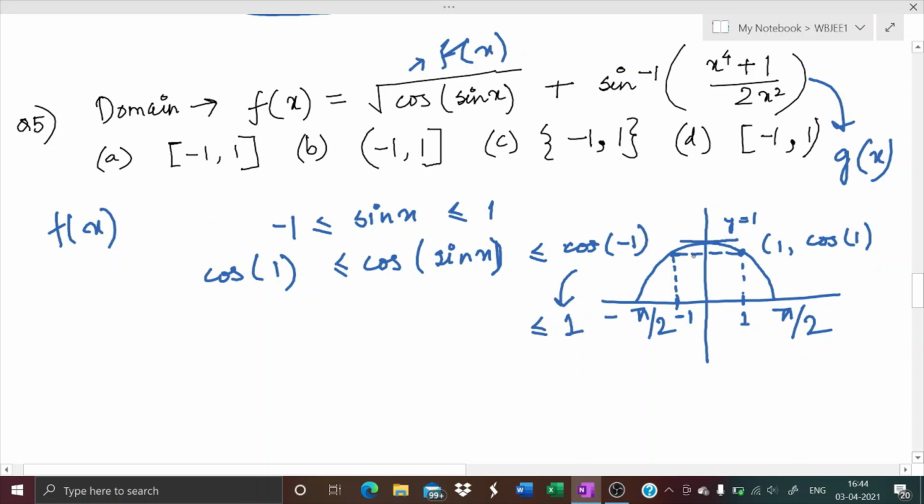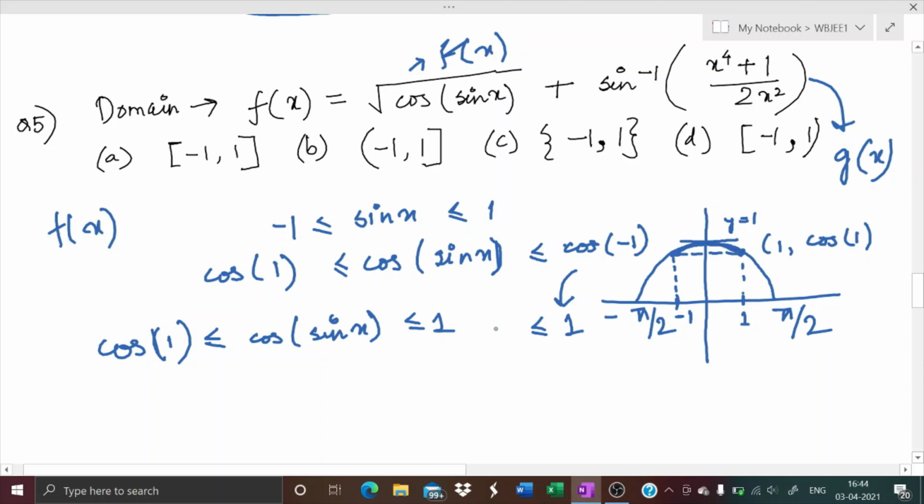Yes or no? Because this cos of minus 1 is here, and it is less than y equals 1. So cos of sin x would be lying between cos of 1 and 1.